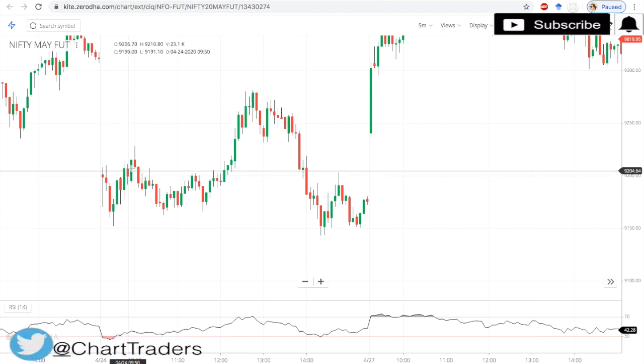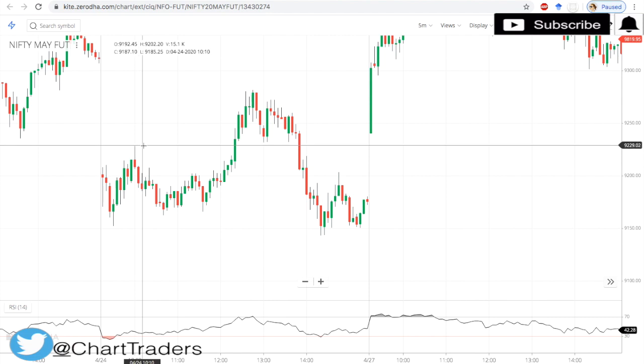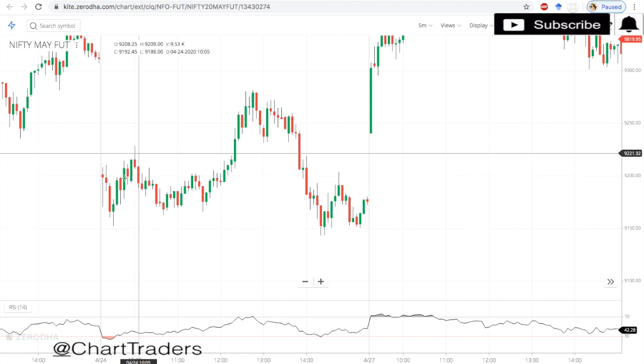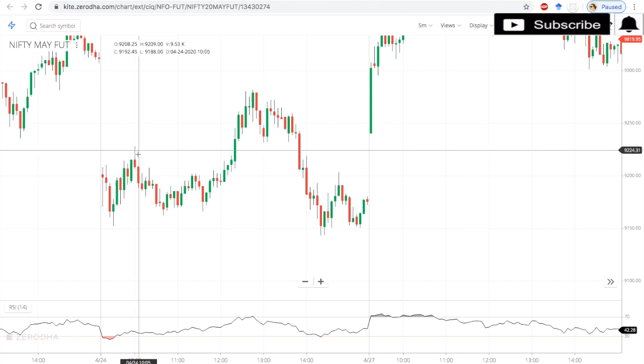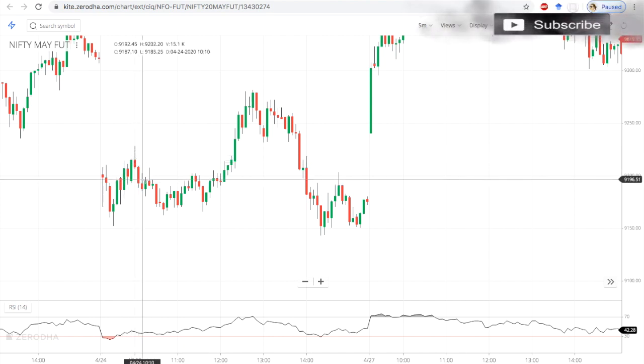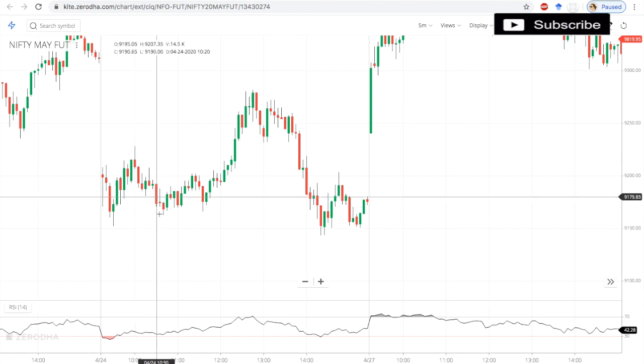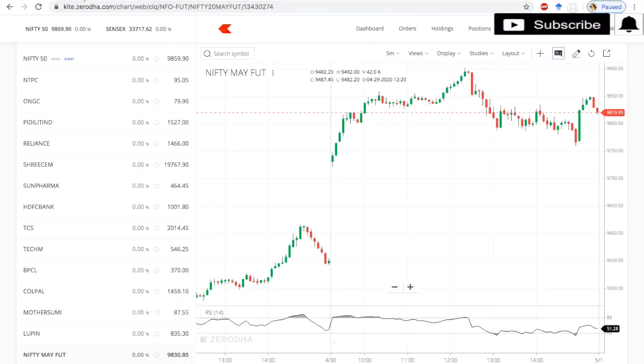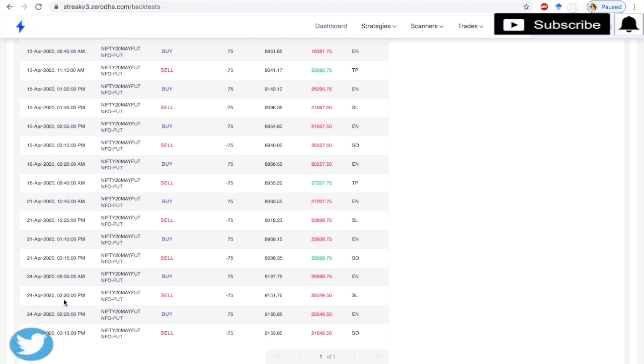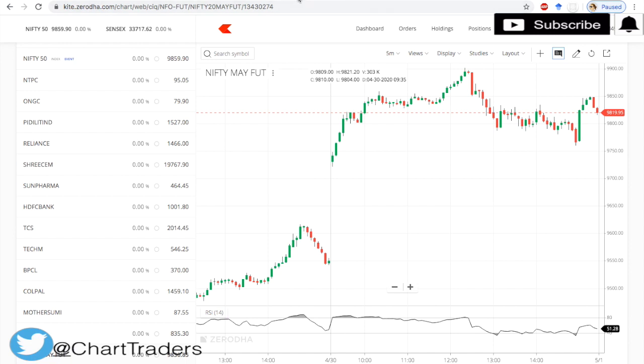Even after that there was a movement, but it's not equal to 1 percent. So here, for a small profit you can enter here and book profit around here. Our stop loss is 0.5%, so it will be triggered according to our logic, around 220.